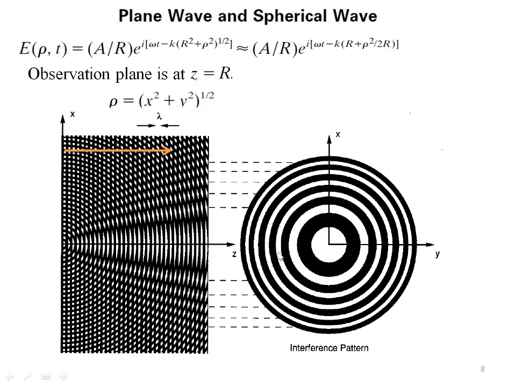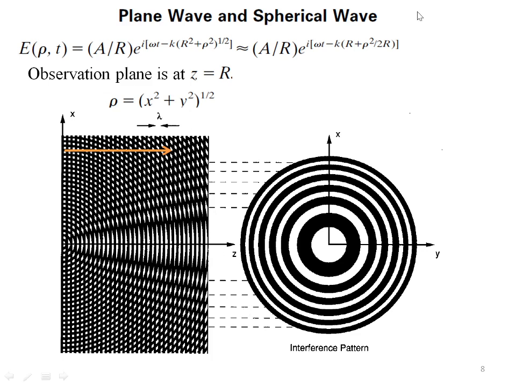It means the size of the screen is very small in comparison to the distance at which it has been placed with respect to the spherical source. If the screen is placed here at a distance r, and the size of the screen is rho, then x square plus y square is going to be very small in comparison to r. That is the meaning of this.